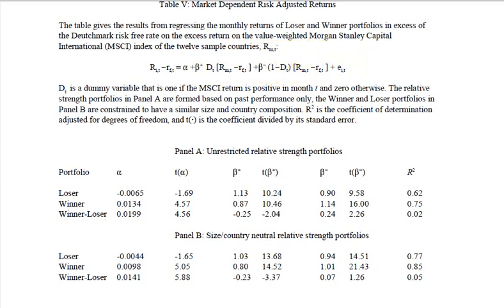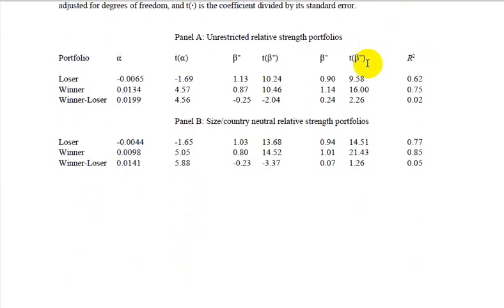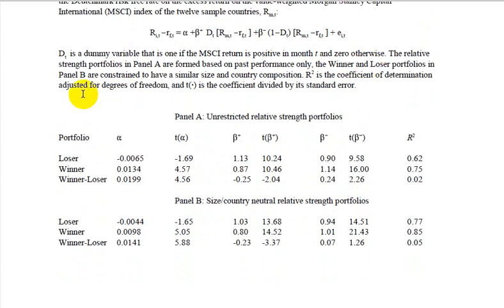So this table is similar to the last, but panel A has the unrestricted relative strength portfolios from the portfolios that we built earlier in this paper, and panel B has the size and country neutral relative strength portfolios, from the most recent section.